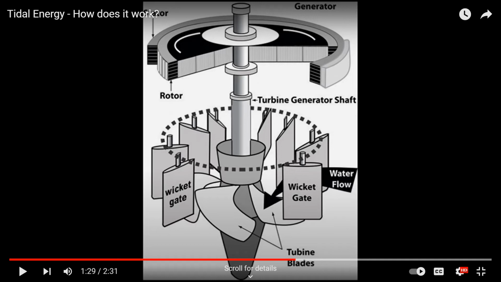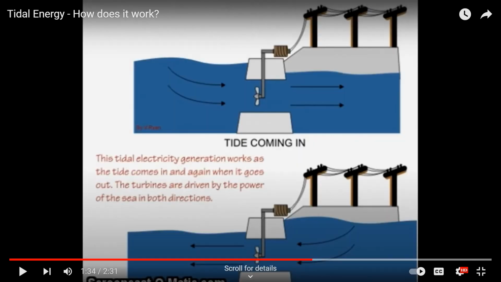See, this is a wicket gate. The water flows here. It will make the turbine rotate. When the turbine shaft rotates, this is a turbine generator shaft. It is connected to the rotor, armature winding, and the generator. We are getting the power supply. See, this is a turbine blade. Water is coming in. It rotates.